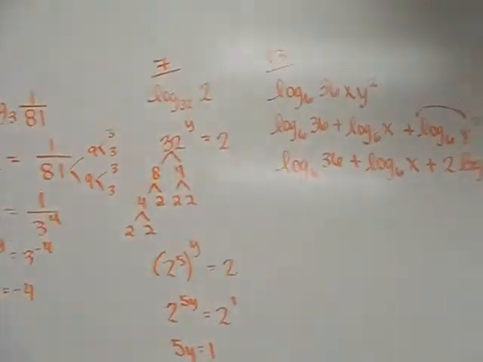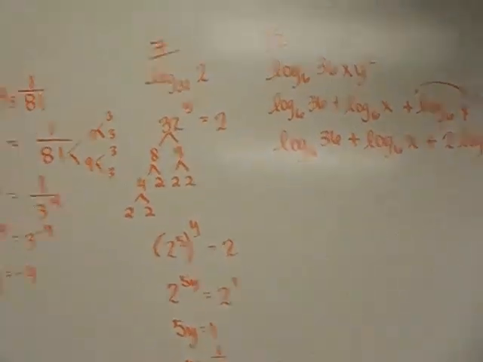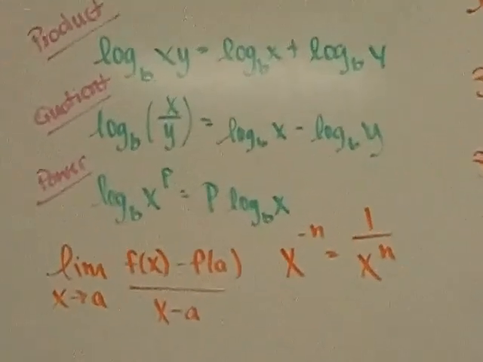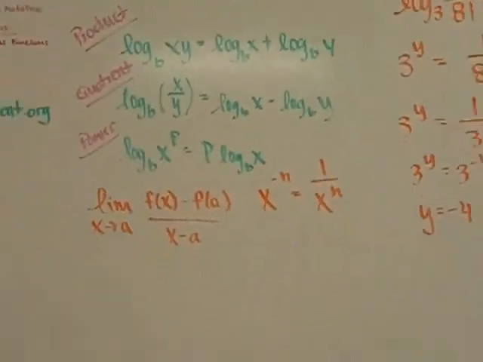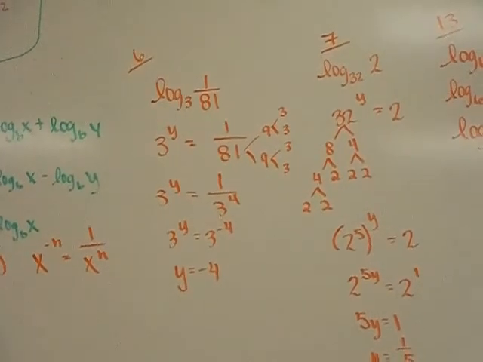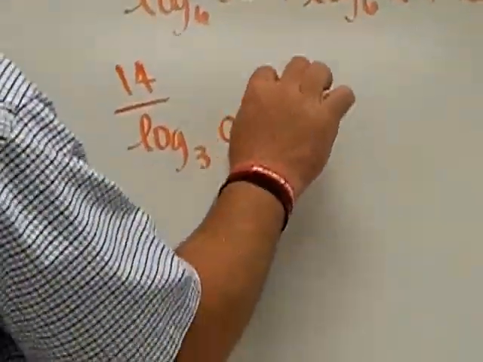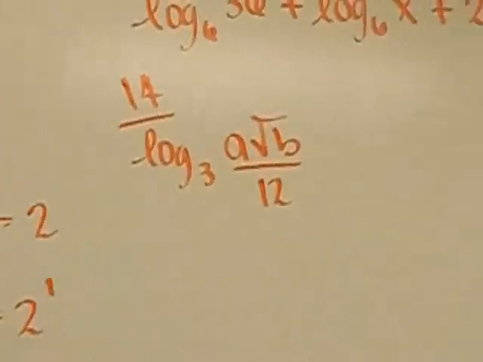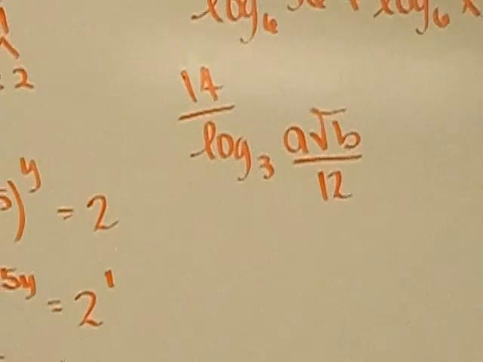All right, attempt 14 real quick. Log base 3 of a times the square root of b all over 12. Right? Let's work quotient first.